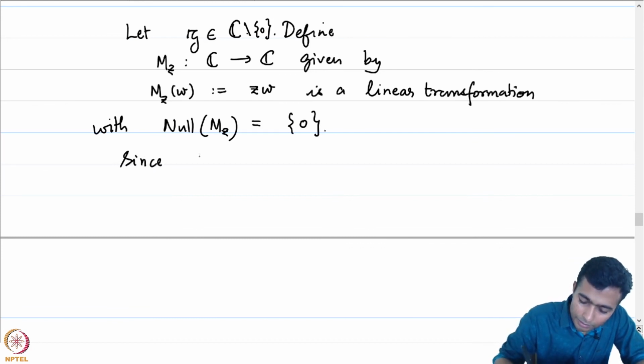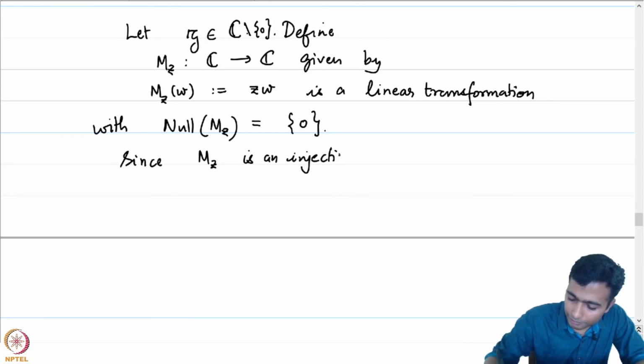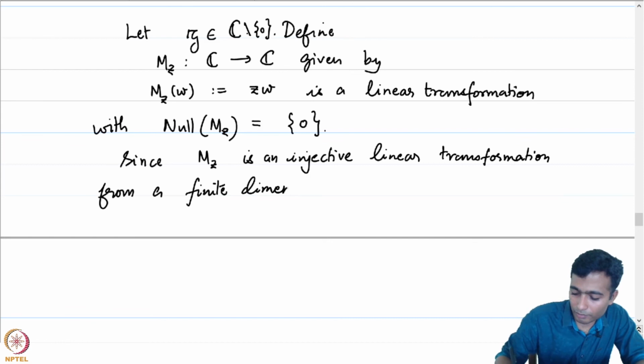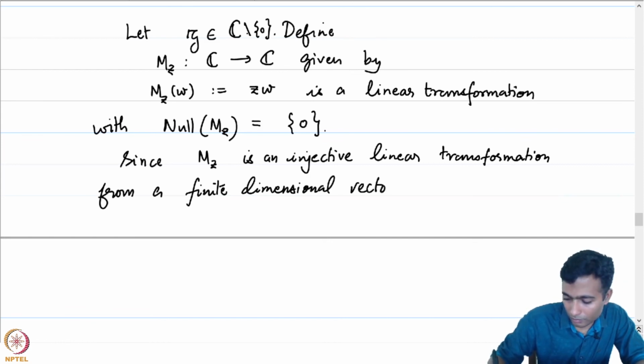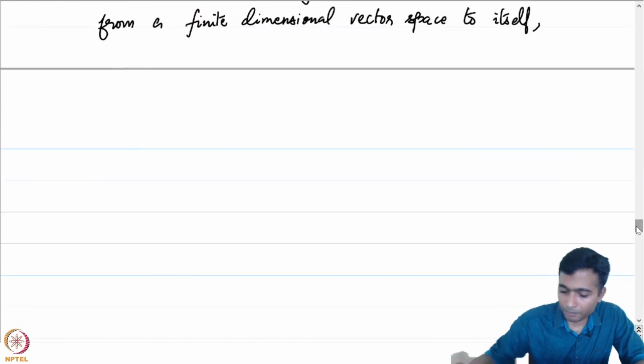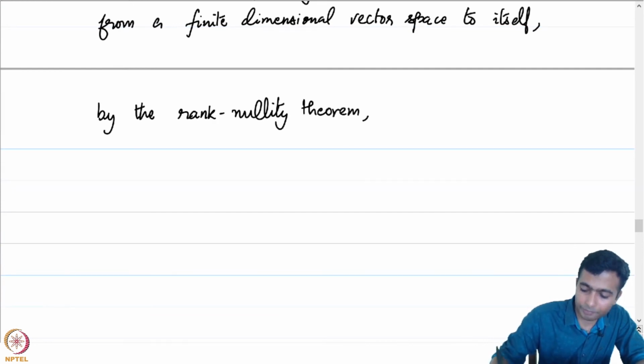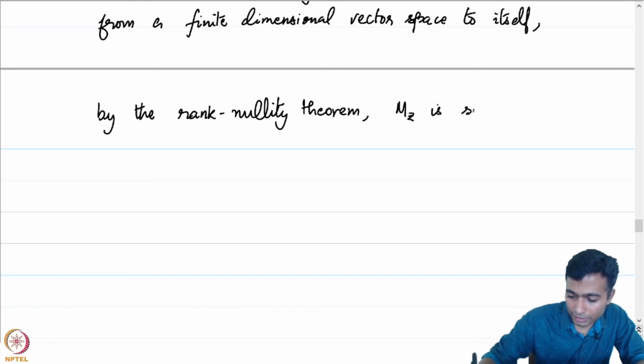So since m_z is an injective linear operator from a finite dimensional vector space to itself, by the rank nullity theorem, or the dimension theorem if you prefer it that way, m_z is surjective.